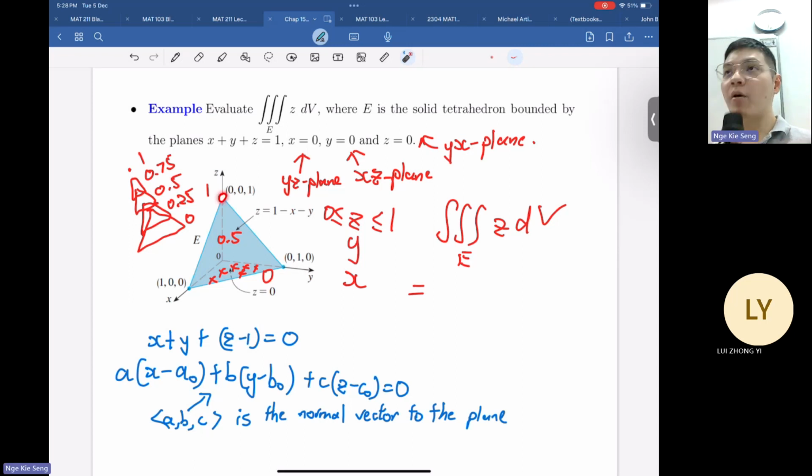You see, at one point here, Y is going from 0 to 0. X is also going from 0 to 0. But let's pick another Z. Maybe pick this largest one, Z equal to 0. What happened to my Y? From 0 to 1.